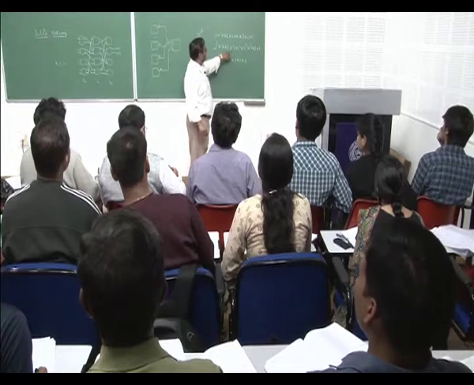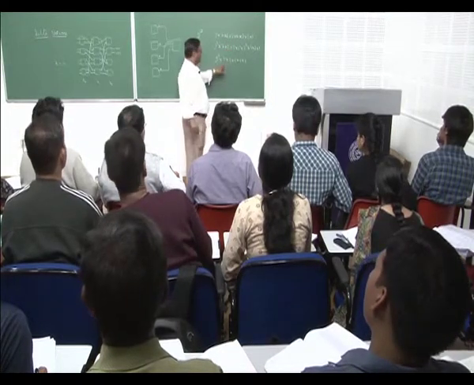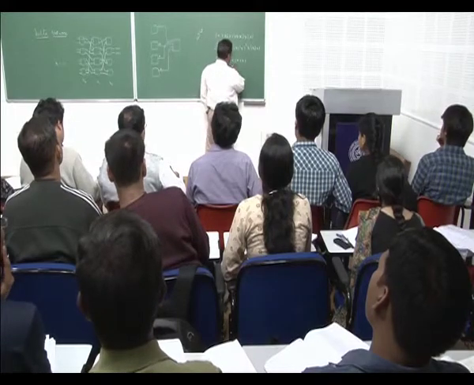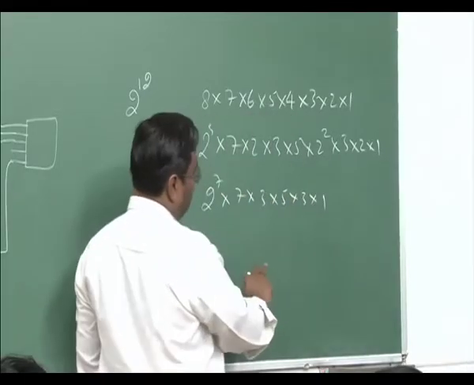No, this 3 will also come, no? 2 into 3, 6 has been broken. So, how much is this number? 21, 105 and 3.